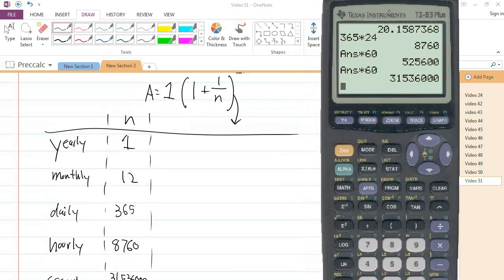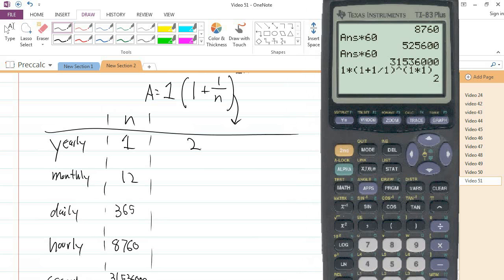Okay, so let's start out with 1. 1 times (1 plus 1 over 1) to the power of 1 times 1. And I'm going to get 2, which makes sense because at 100% rate of growth, I will double if I compound once a year.